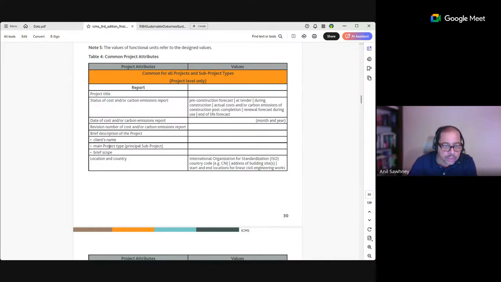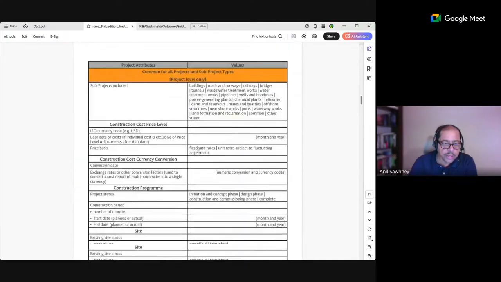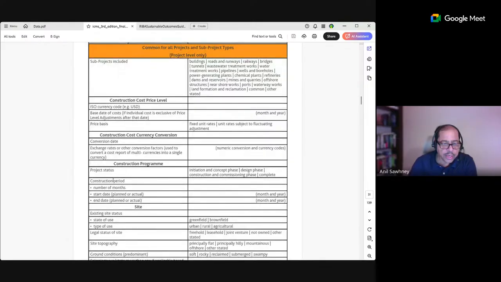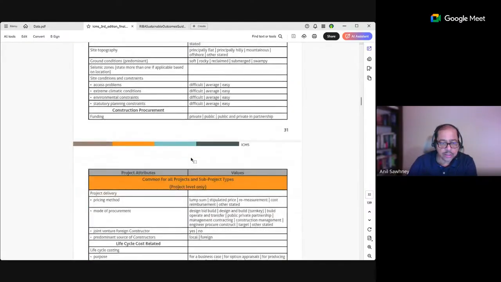It gives things like location, base date, price basis. It has pieces of information such as construction period, and then site conditions, seismic conditions. All of that information is there.